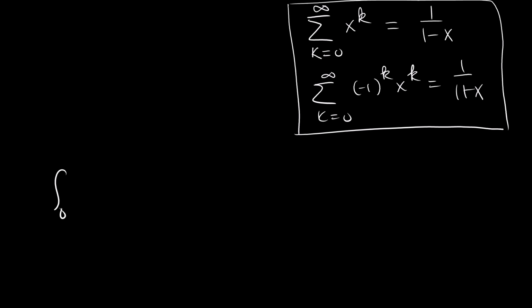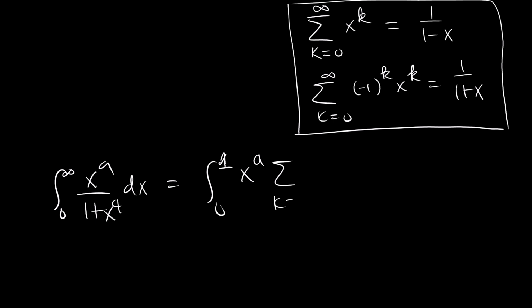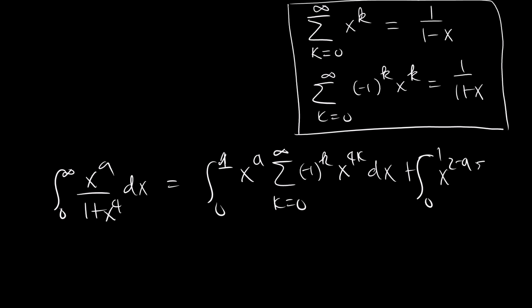So using these relations here, we can say that our integral from 0 to infinity of x to the a over 1 plus x to the 4 is the same as the integral from 0 to 1 of x to the a, summation from k equals 0 to infinity of negative 1 to the k x to the power 4k, plus the integral from 0 to 1 of x to the power 2 minus a, summation from k equals 0 to infinity of negative 1 to the k, x to the power 4k, dx.